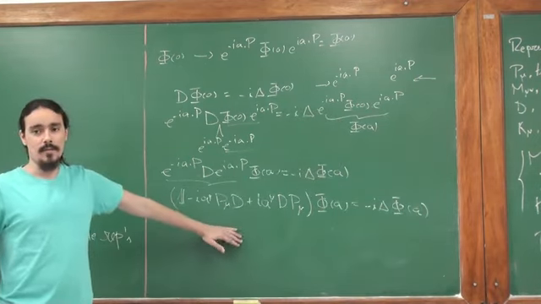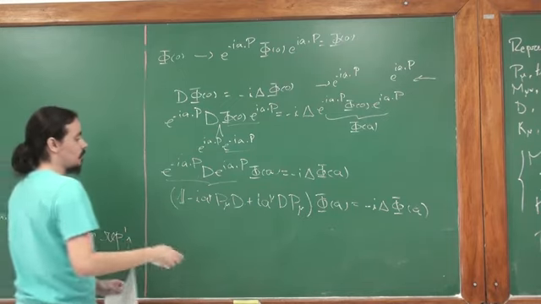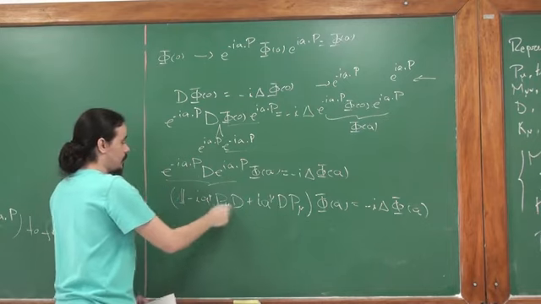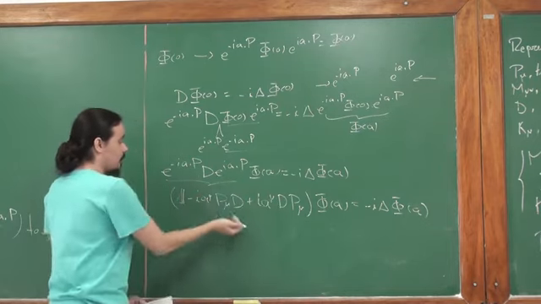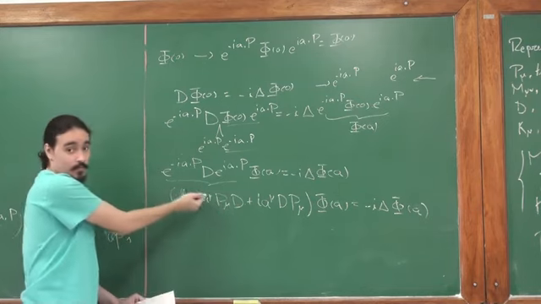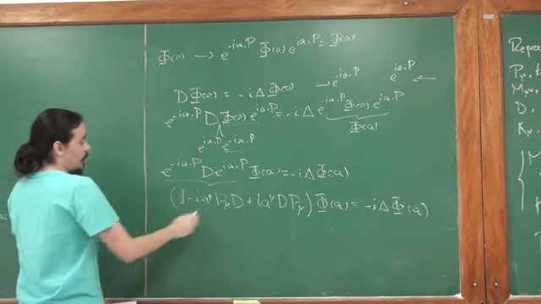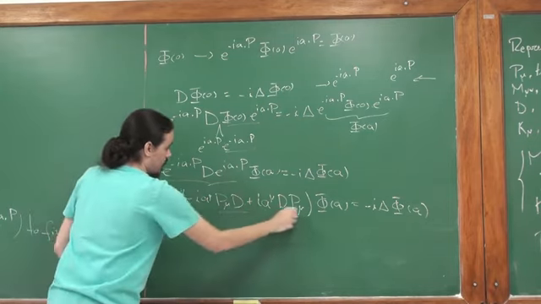Okay, everyone follow this step? That is just the reason why I wrote a instead of x, because it is a constant vector. So the momentum won't differentiate this guy, it's just a constant. What appears here then is just the commutator.